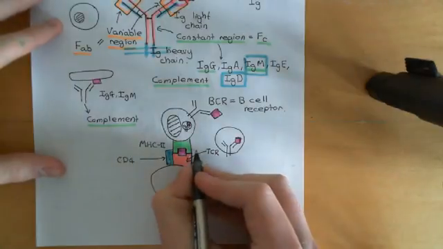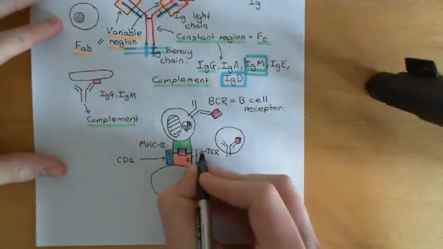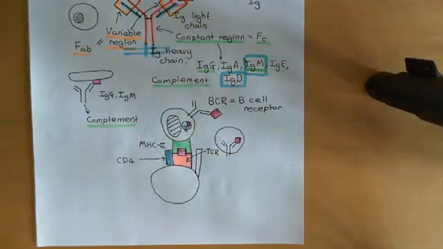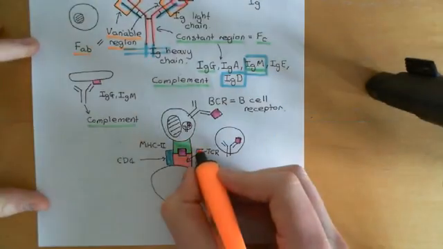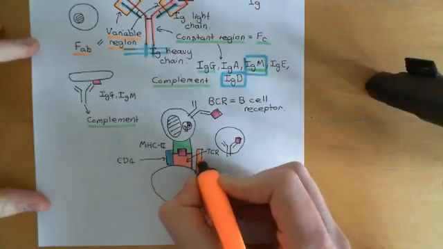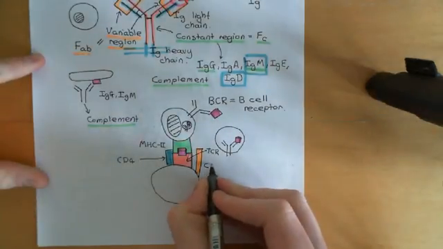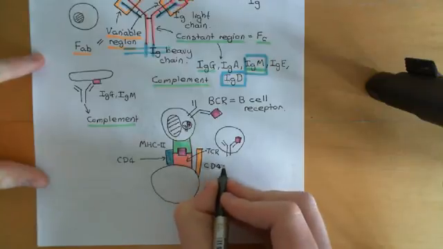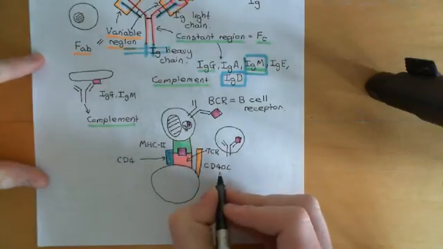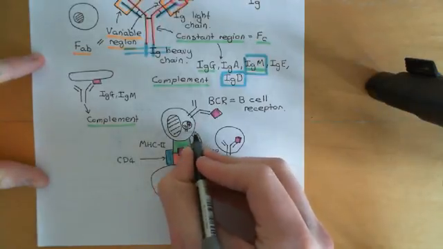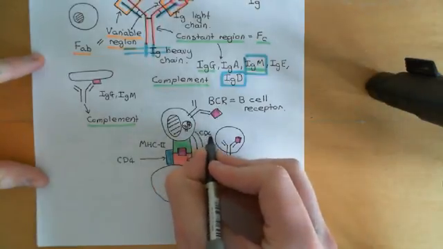So that's one of the things that causes the activation of the B cell, but one of the really important things is that this T helper cell will have on its surface the CD40 ligand protein, here in orange. This is the CD40 ligand protein that we talked about on the surface of the T helper cells, and it is going to bind to a receptor on the surface of the B cells called CD40.